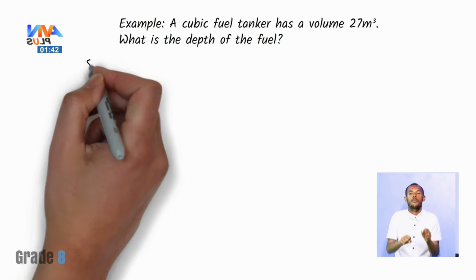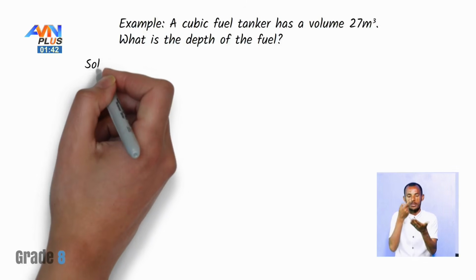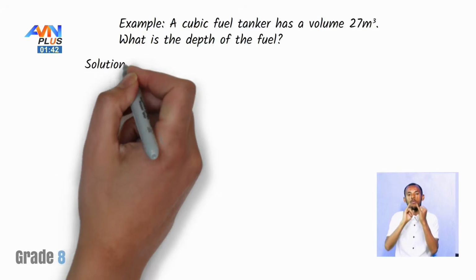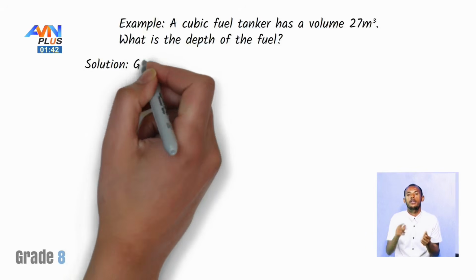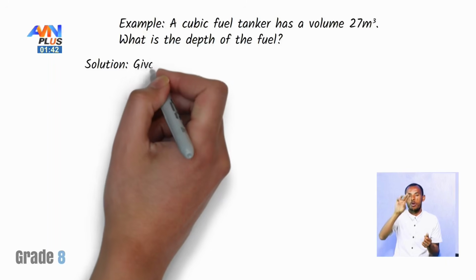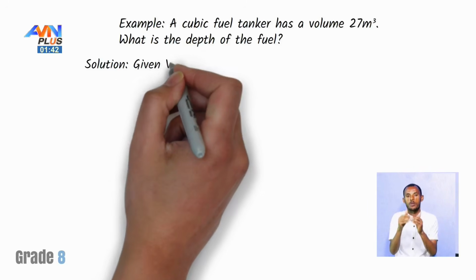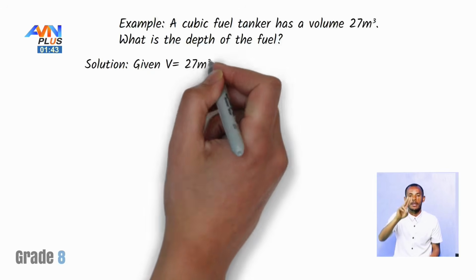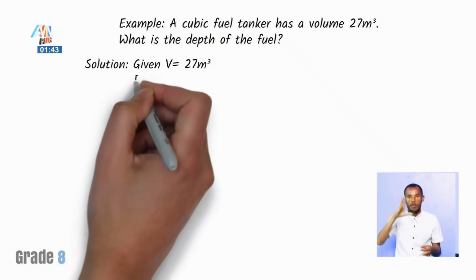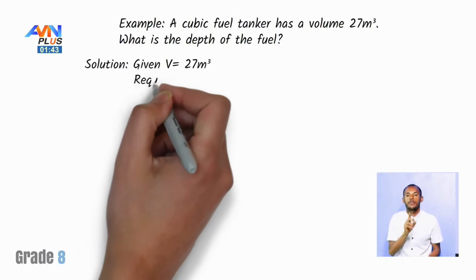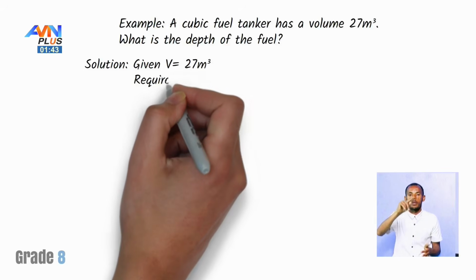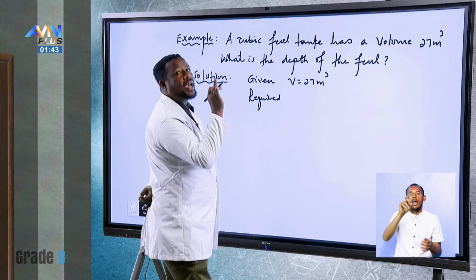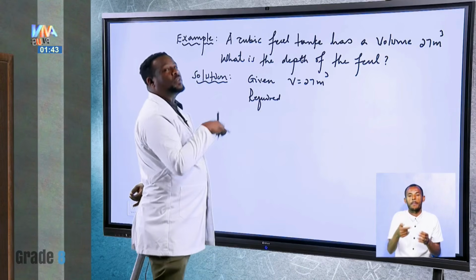So as usual, we put the given information properly. The volume of this tanker is 27 meter cube, and the required thing is the depth of the fuel. Let's say X is the depth of the fuel.